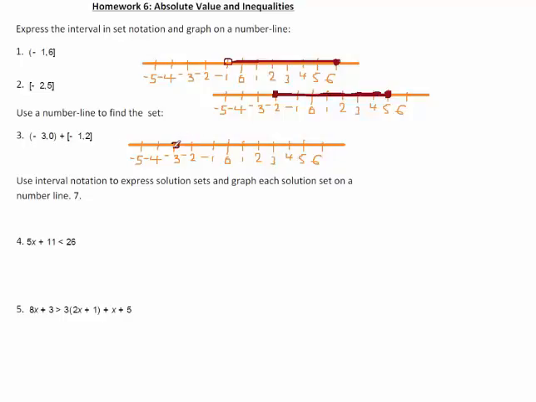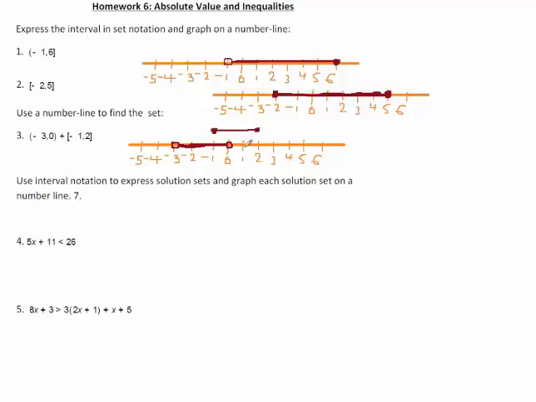So -3 will make an open parenthesis, 0 will make another open parenthesis, and then we'll make the line in between them. For the other one, you can use the same color, -1 and +2, and both of them are brackets, so both of them are going to fill in. So -1 and +2, and then we will put in a line.